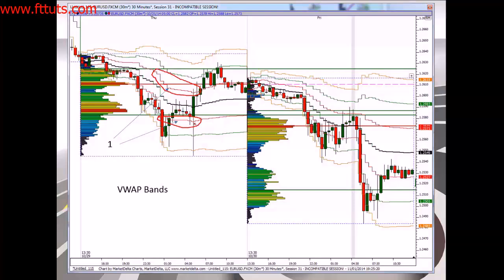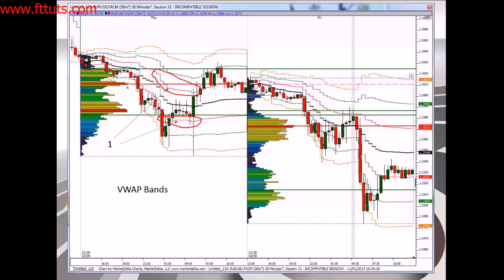And the second, which is a more advanced use of these bands, is gauging momentum in the market. I will talk about both of them. First of all, let's talk about how far price deviates from the VWAP.